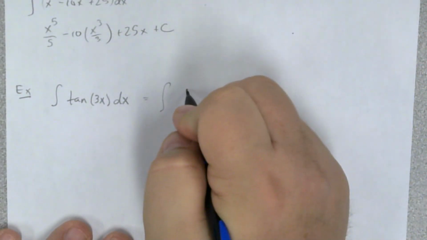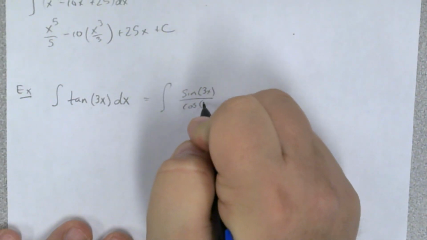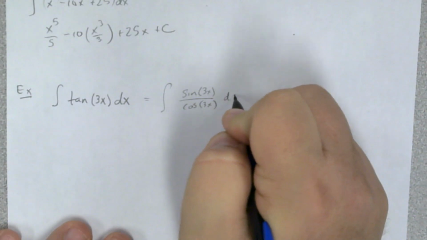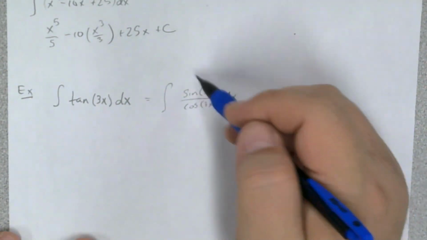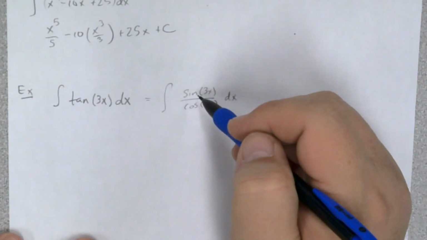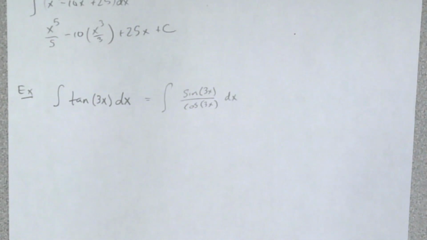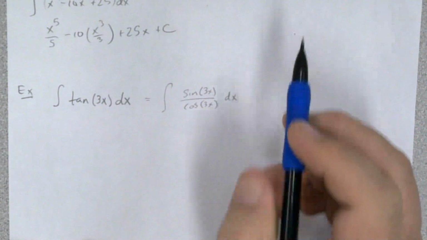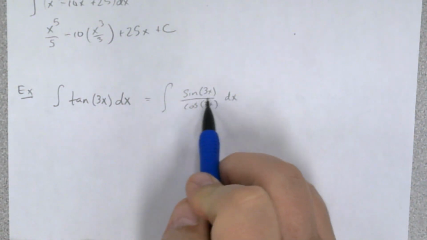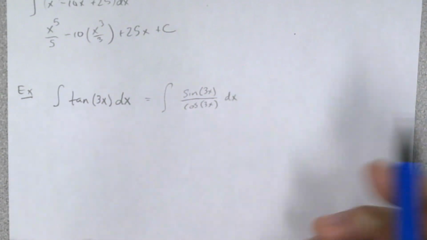I can write this as the sine of 3x over the cosine of 3x. And when I do this, now I have two trig functions in this problem. And if you have more than one, one of them is usually going to be your u. When you have a fraction, your first instinct for the u is going to be the one on the bottom. And that's what happens in this case.